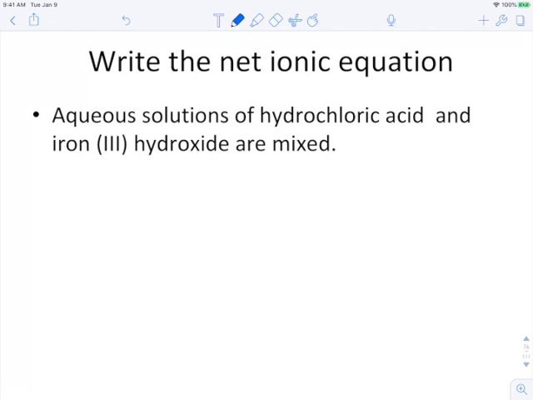All right, so give this one a try. You're going to write the net ionic equation, and you'll need the states. So go ahead and write down the question, and then I will move back to the solubility chart. You're going to do the net ionic equation for this. So you want to do 3 steps here. You want the full molecular equation.